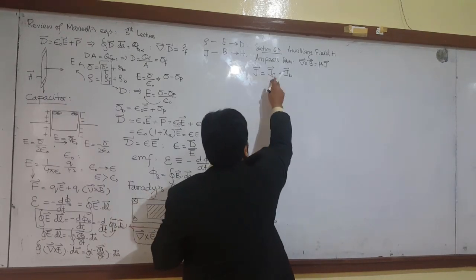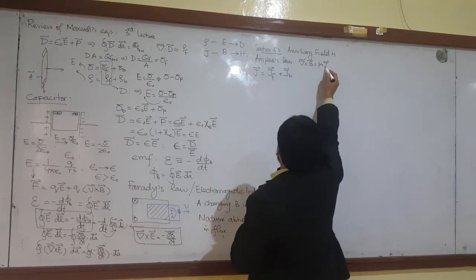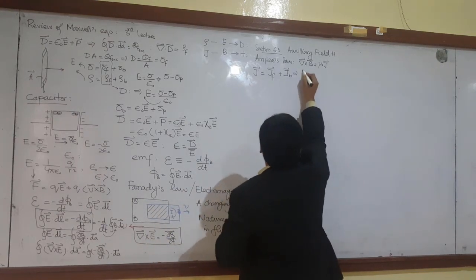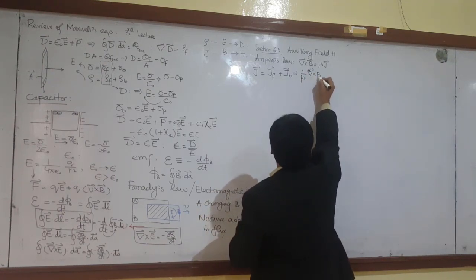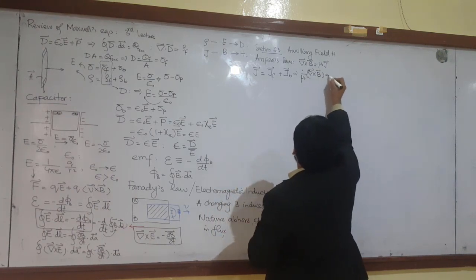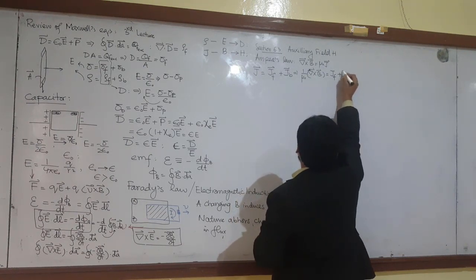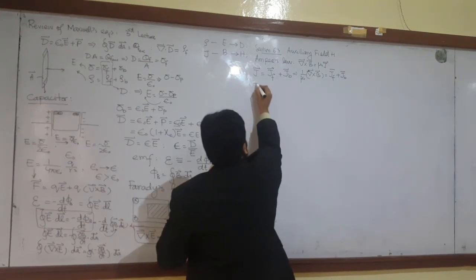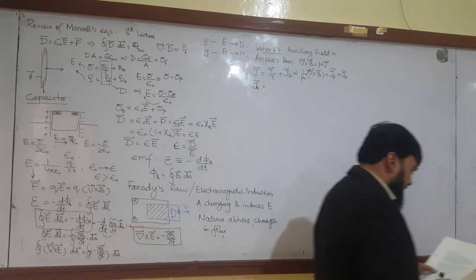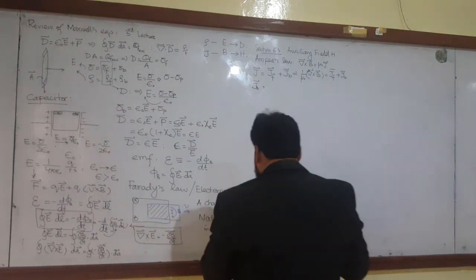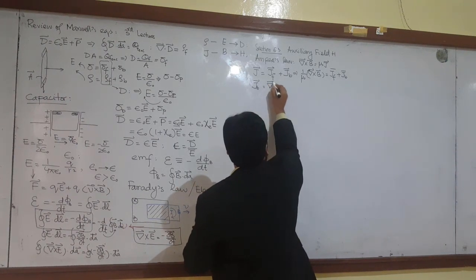When J is equal to Jf plus Jb, then this implies 1 over mu naught del cross B will be equal to J, and J is equal to Jf plus Jb. Now the Jb we have already discussed in earlier chapters, that Jb is equal to del cross M.